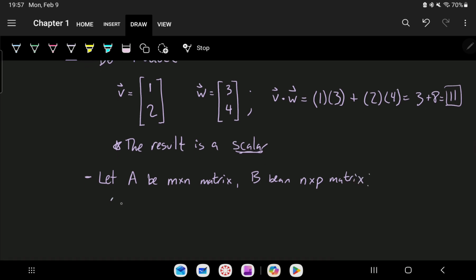So their product, multiplying these 2 together, is going to be an m by p matrix.